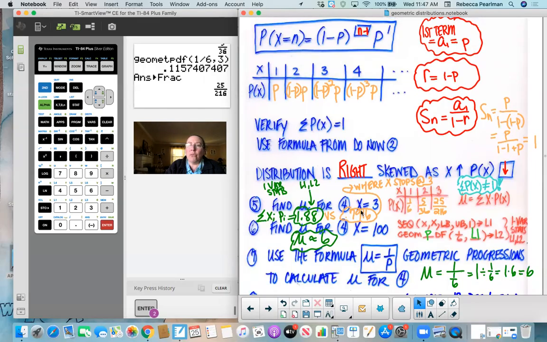And this is really interesting. If we only go out to 3, like we did in do now number 4, and we try the random variable formula for expected value or mean, we run into a problem. We get 1.88, and if we do it manually, we get 0.7916. Well, the calculator method is glitched because remember, when you run one var stat in random variable land, we put probabilities in list 2.